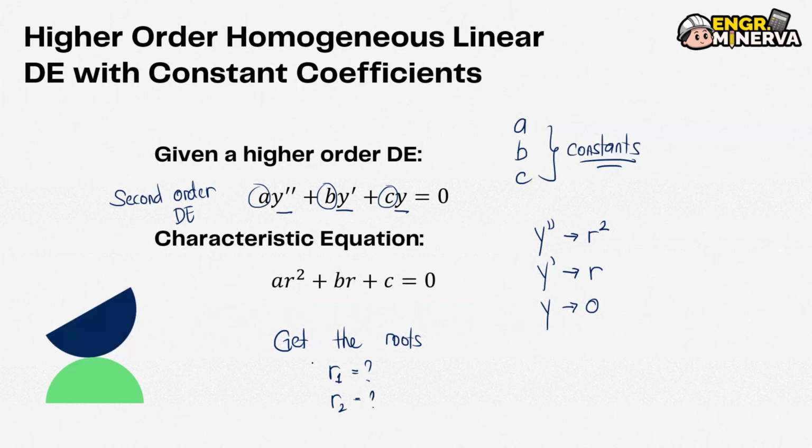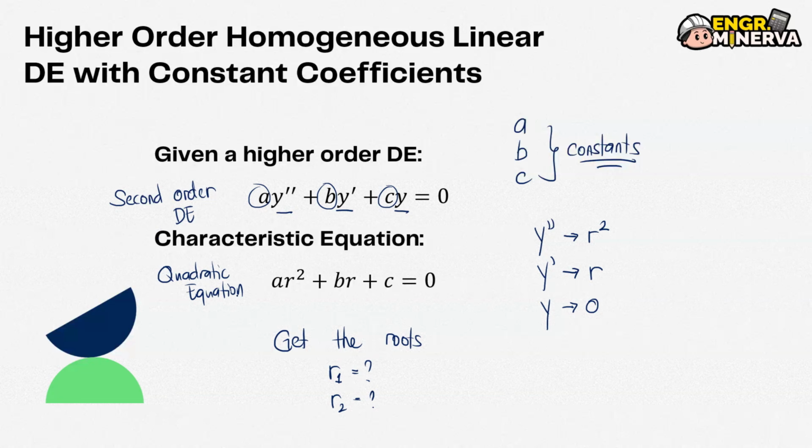How can we do that? Our characteristic equation is a quadratic equation, so it means there are two roots.